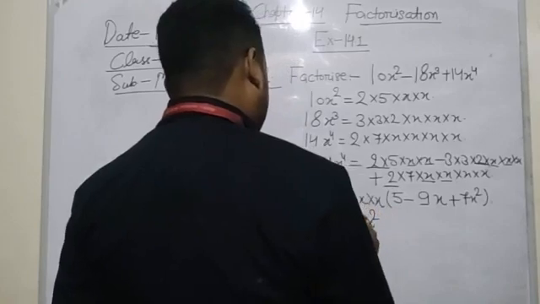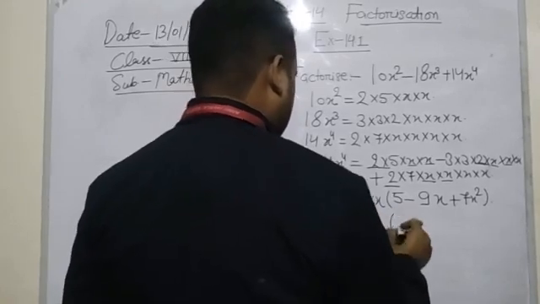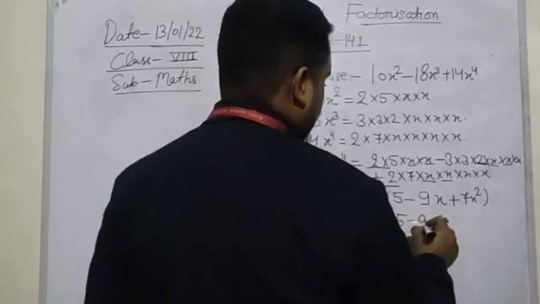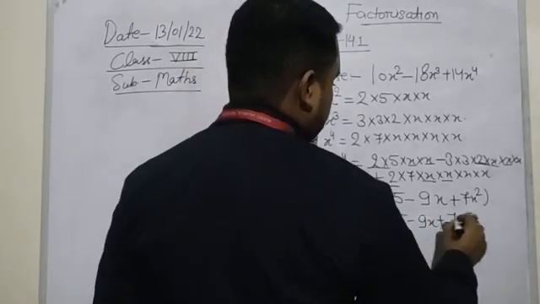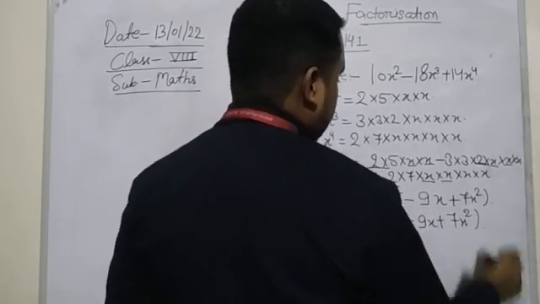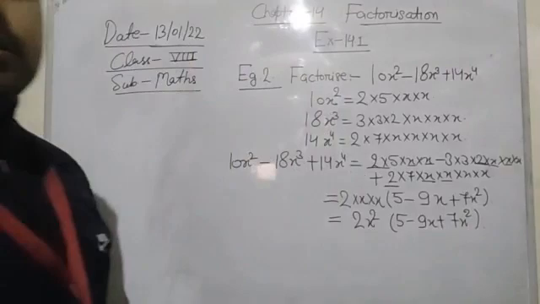Now 2x squared in bracket 5 minus 9x plus 7x squared. This is the factorization. Note down.